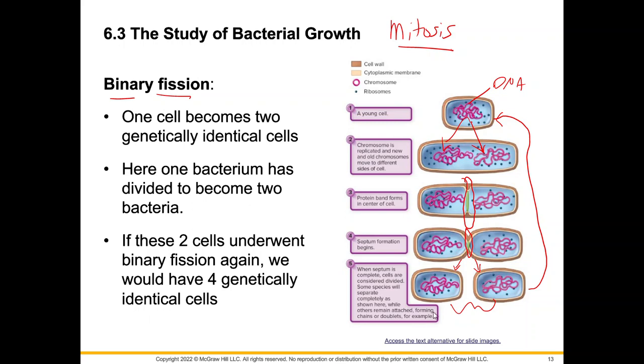Now if a second round of division were to take place, we would have 2 cells that stemmed from this one and 2 cells that stemmed from that one, and we would have a total of 4 genetically identical cells, and the process can continue.